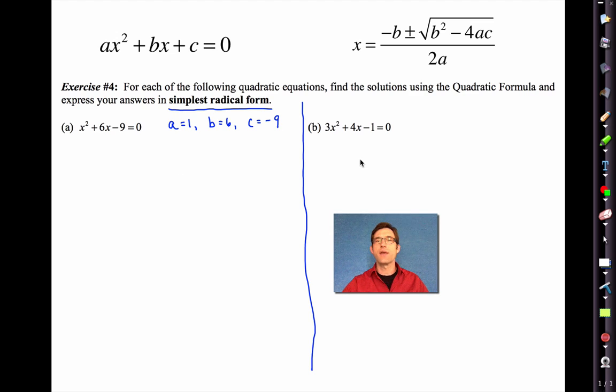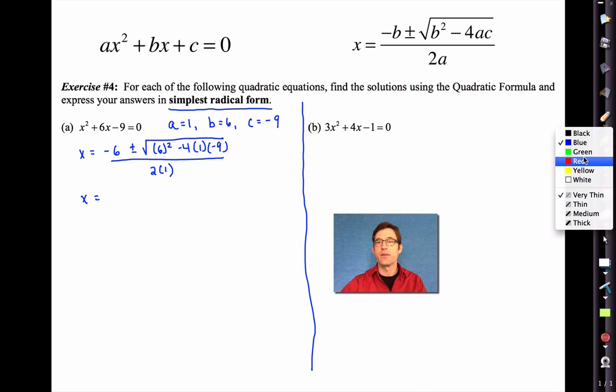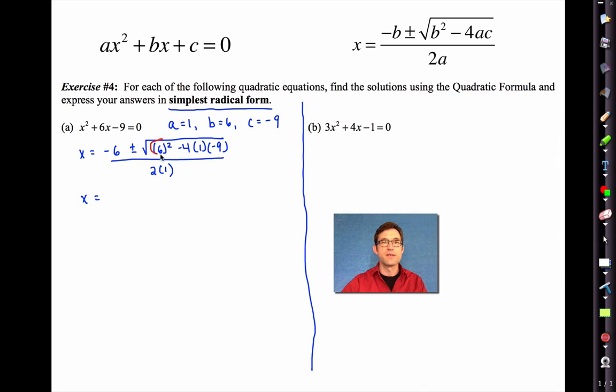Let's work through this one together and then have you work on letter b on your own. x equals negative b plus or minus the square root of b squared minus 4 times a times c, all divided by 2 times a. Again, somewhere on your calculator, you plug this exact expression in, and you find out it's equal to 72.